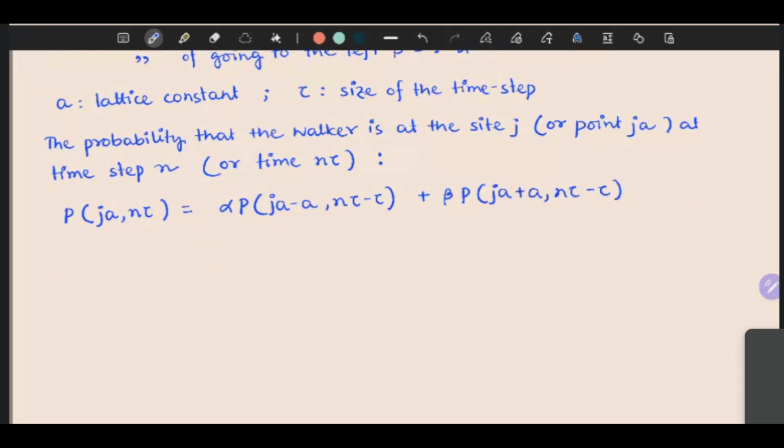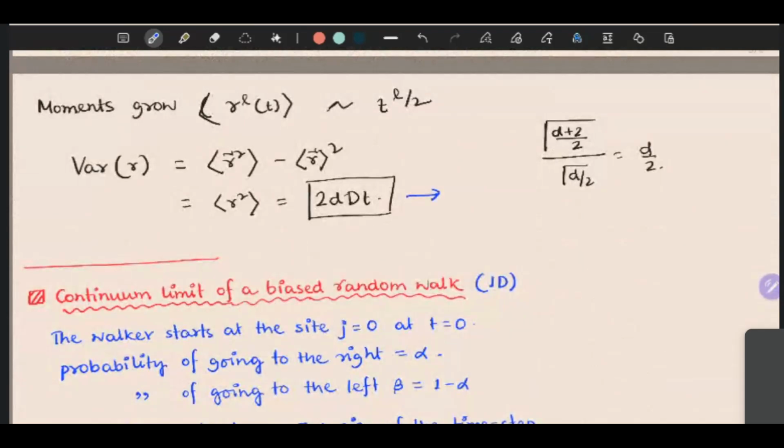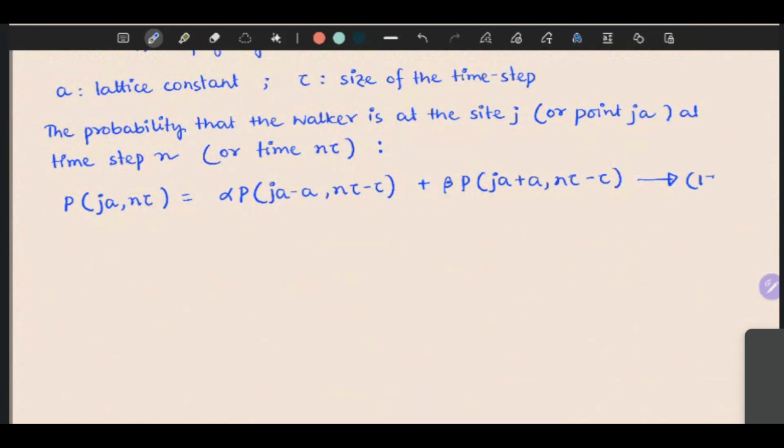Here we have considered this; let's say this is equation 16, and this is 17.